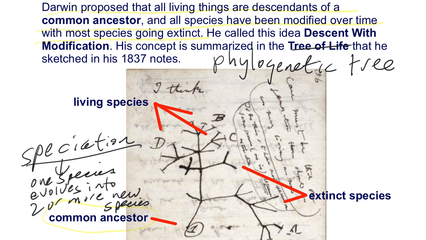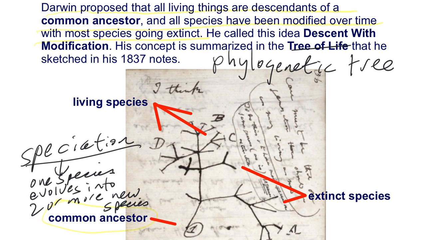So Darwin believed that things gradually change, and this is what he calls descent with modification. Now, I don't know, that's like microevolution.